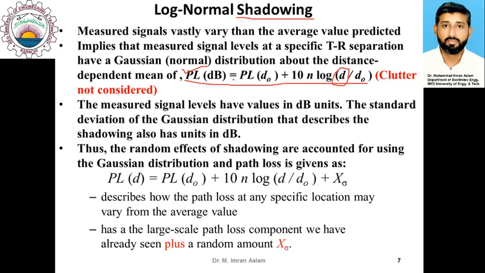For example, if you take 100 measurements at a distance of, say, 1000 meters or 1 kilometer, in that case all those measurements would not have the same value. They will be different by a certain value. So there are differences even if we are working at the same distance.